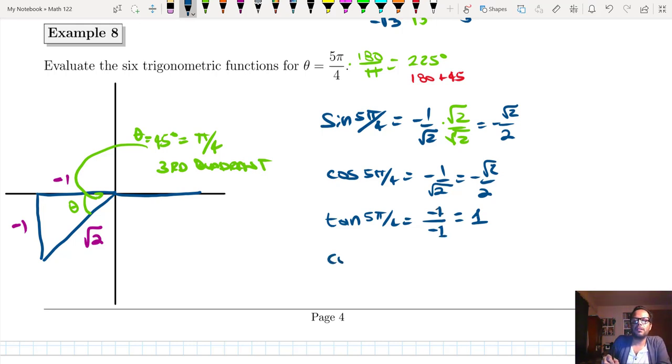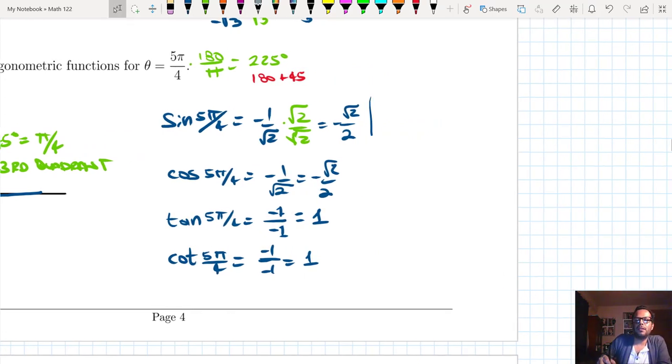Okay, cotangent 5 pi over 4 equals the inverse of tangent, which is the same as negative 1 over negative 1, which is the same as positive 1, right?